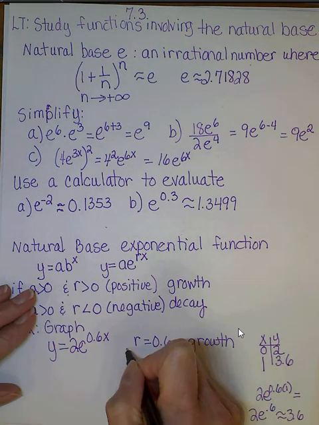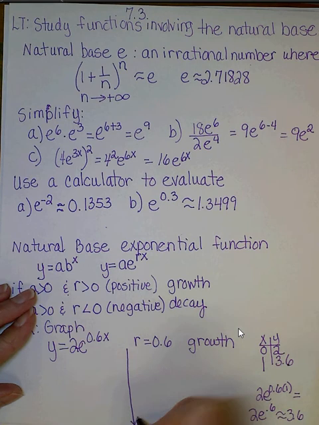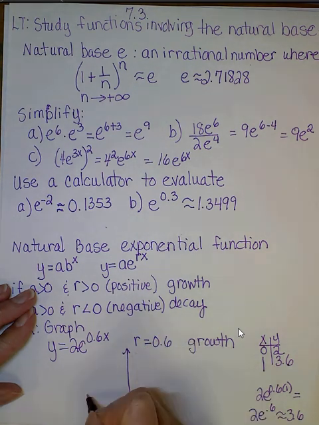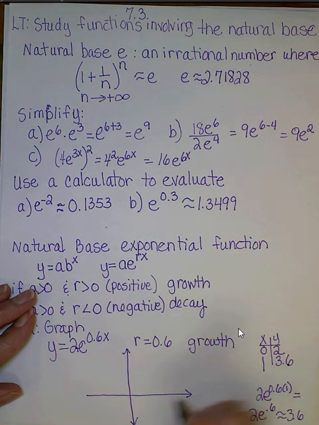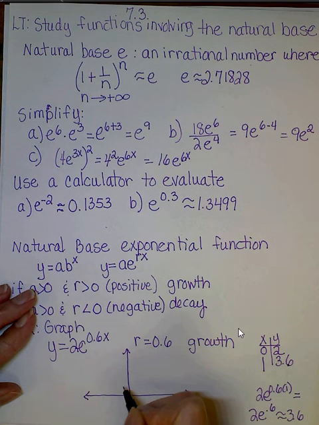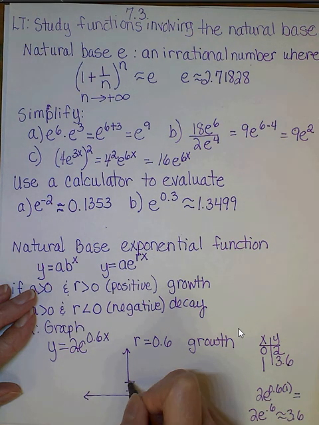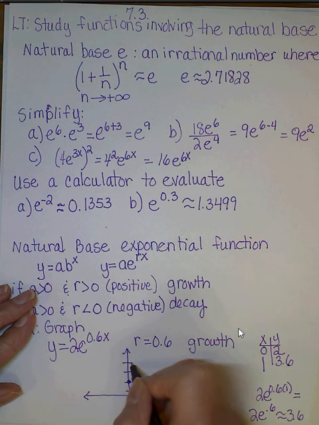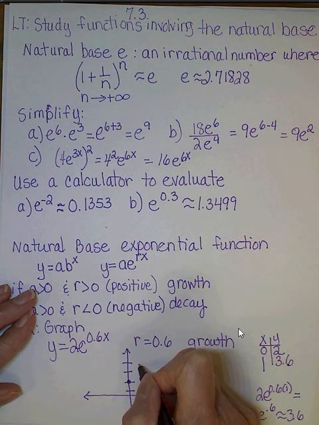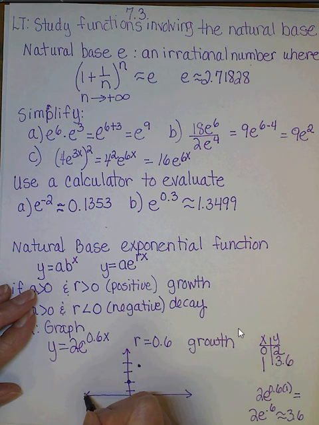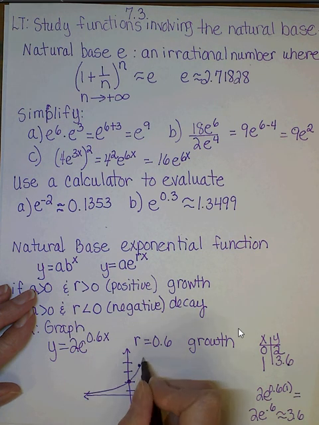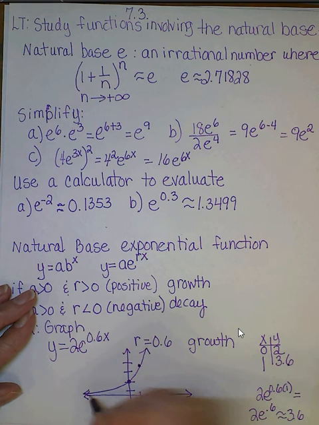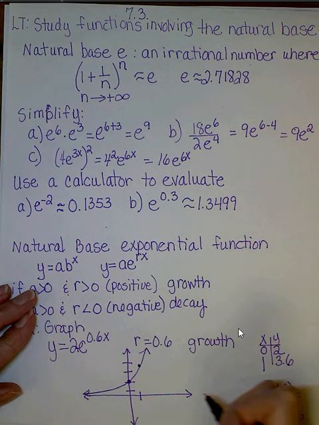We know this is going to be growth, so we have an idea in our minds what growth looks like, I hope. So we'll plot these points, 0, 2, and then 1, 3.6. Remember the x-axis is our asymptote, just like before, we haven't moved it up or down.